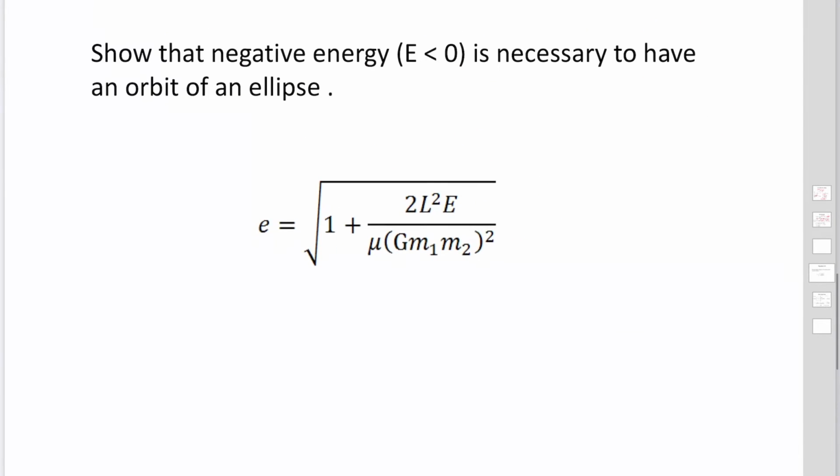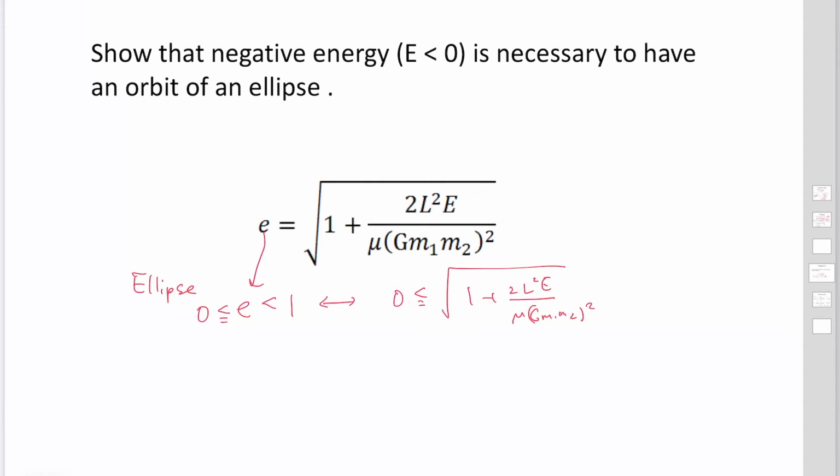So for the elliptical orbit, the eccentricity is equal to or larger than 0 but smaller than 1. So we substitute this e here: the square root of 1 plus 2L squared E over mu G m sub 1 m sub 2 squared is smaller than 1.